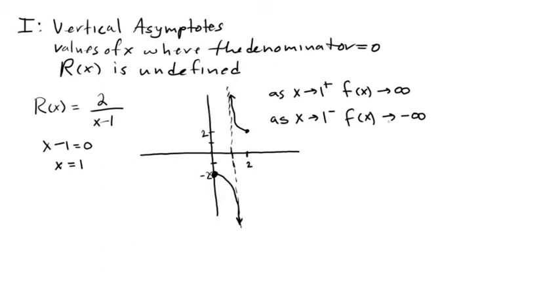So the behavior at a vertical asymptote is going to cause the function to either go up to positive infinity or down to negative infinity.